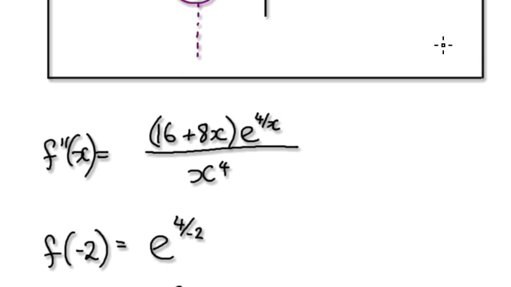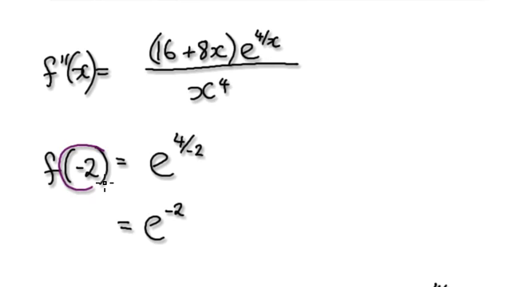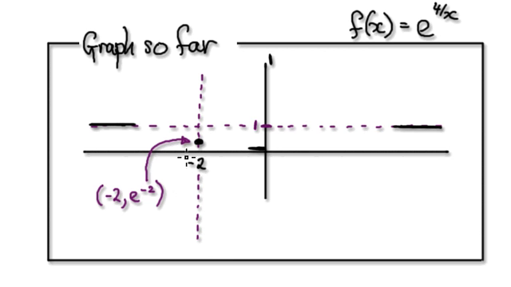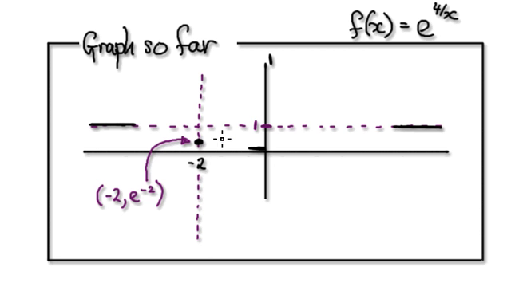So f of minus 2 will be this, meaning that the point of inflection right here will be minus 2, comma, e to the power of minus 2. So we know that if you put x equals minus 2 into here, then the y value will be right here. So we know this is our point of inflection right here.